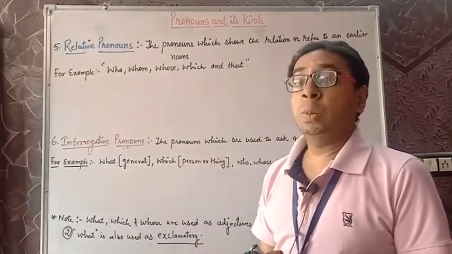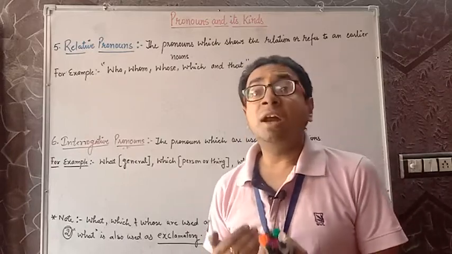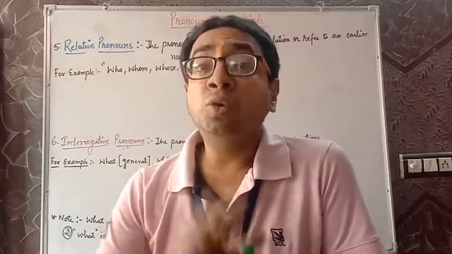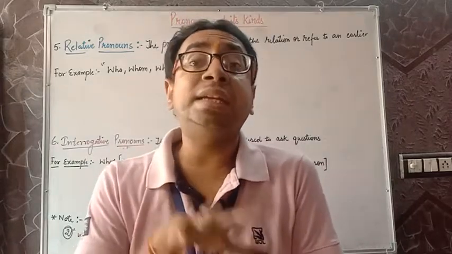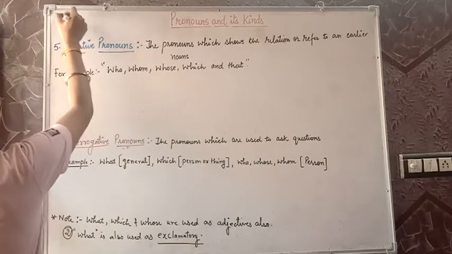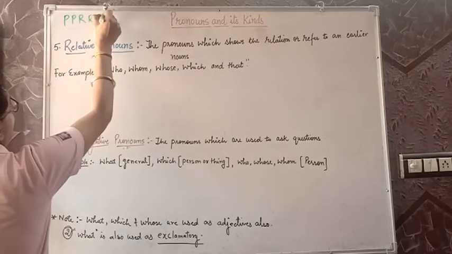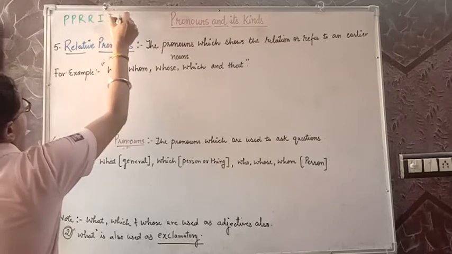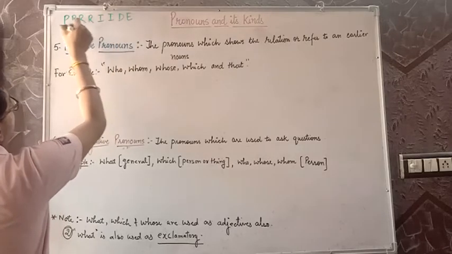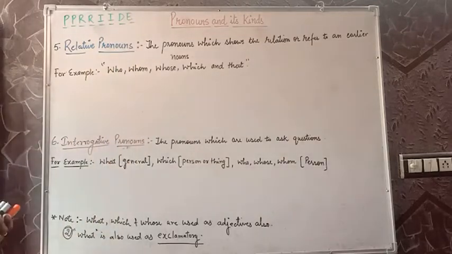Let us start with the pronouns. Next types. We have already covered what pronouns are and how to segregate its 8 types. I told you a shortcut also, that's PPRRIIDE, which is a shortcut to remember that there are 8 kinds of pronouns and their names.